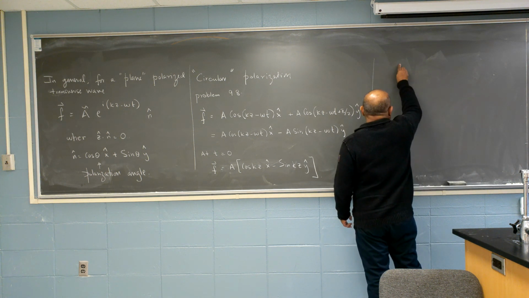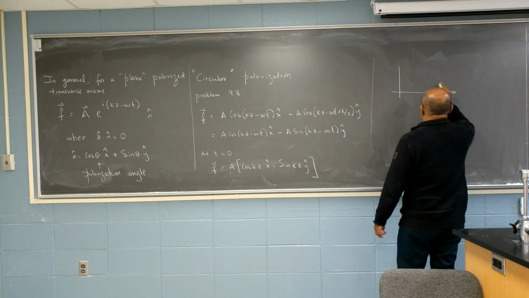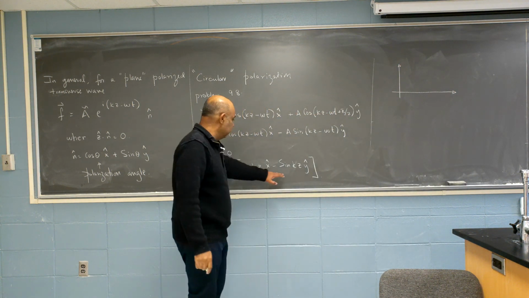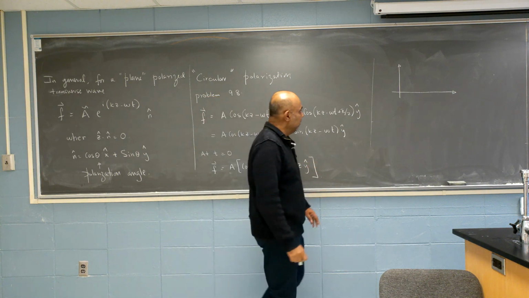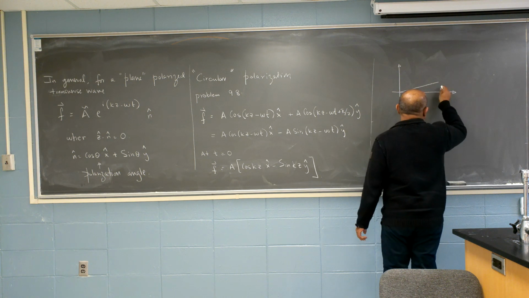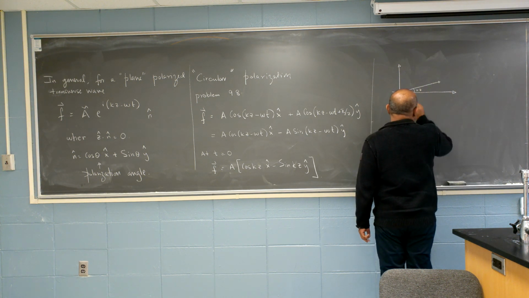So there are two things I want to do. First of all, I'm going to graph this, so I need to know how long this is and how long this is. So I'm going to pick an arbitrary angle. Doesn't really matter. We don't know what kz is. And I'm going to call this kz.